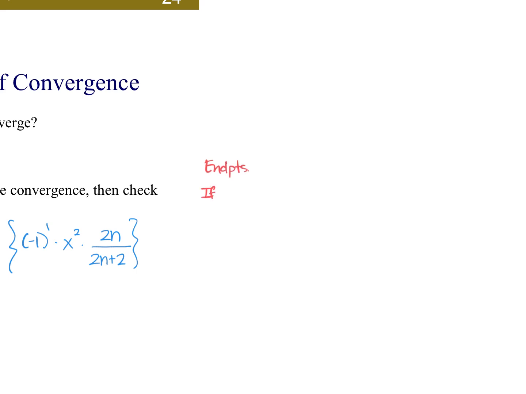So if x equals -1, go back to the very beginning and look at this power series and change x to actually be -1. We're substituting in -1.